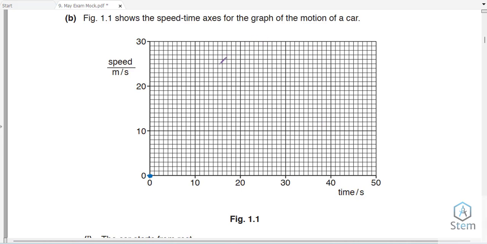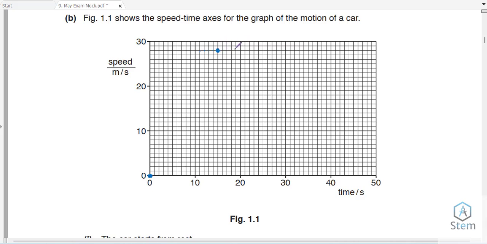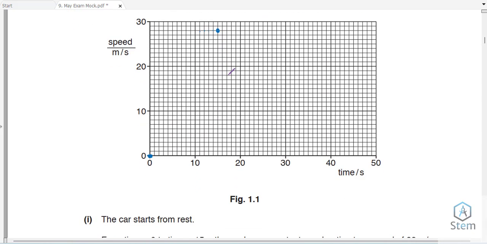So when time is 15, the car will be moving at 28 meters per second. So 10, 11, 12, 13, 14, 15. Okay. So that's the first stage of the journey.